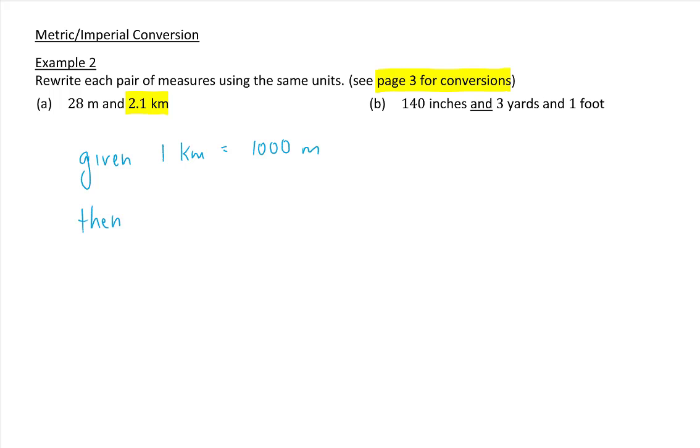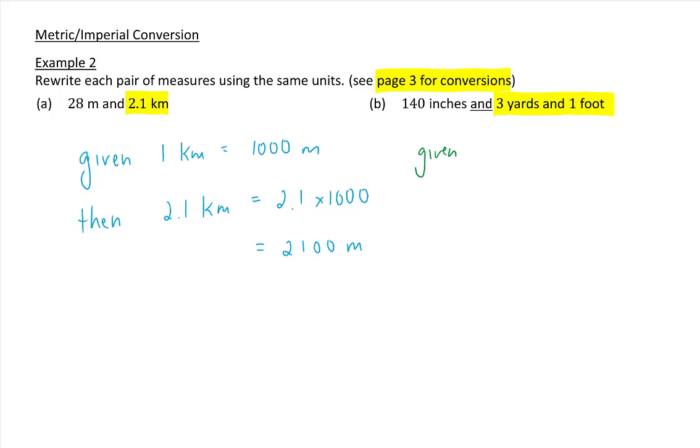Then 2.1 kilometers is equal to 2.1 times 1,000, which equals 2,100 meters. So part B, 140 inches looks okay, but now we want to change 3 yards and 1 foot.